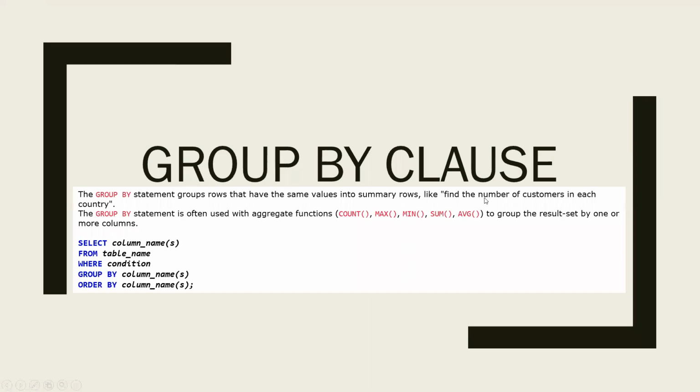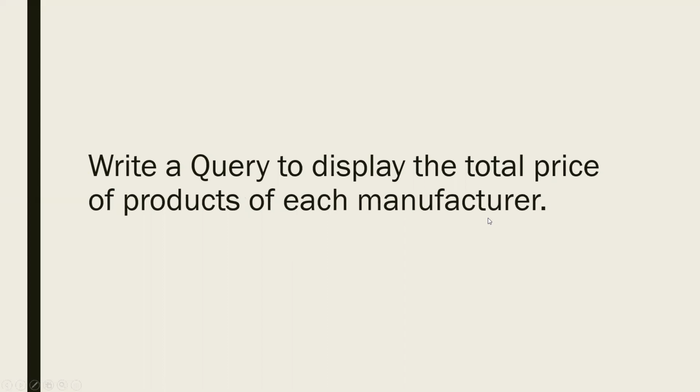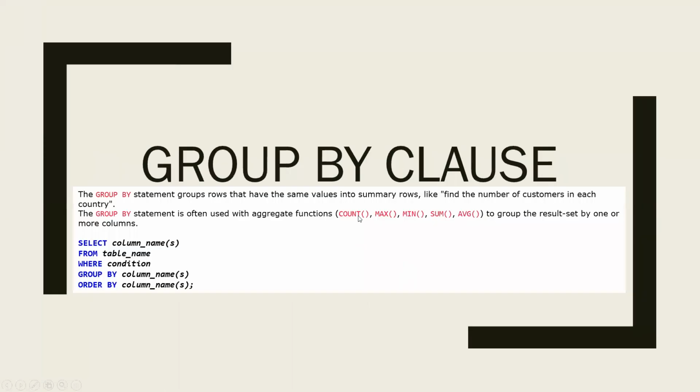Now there is a group by clause. The group by statement groups the rows that have the same values into summary rows, like find the number of customers in each country. So in whichever query you find the word each or the word wise, there we use the group by clause.